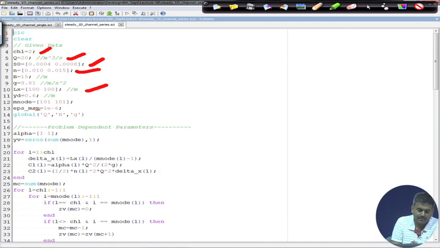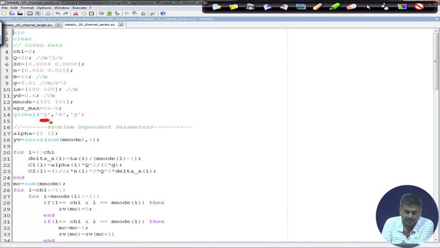So, we have M node for channel 1, 101, and M node for channel 2, again that is 101. Now, epsilon max 1 into 10 to the power minus 6. In this case S naught and N are varying, that is why I have not kept it here as a global variable. So, Q, B and G, these three are global parameters here.